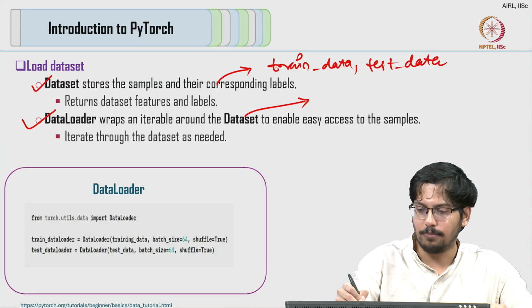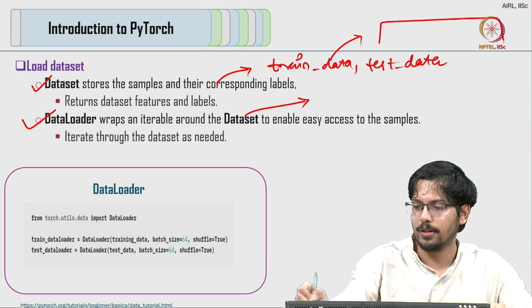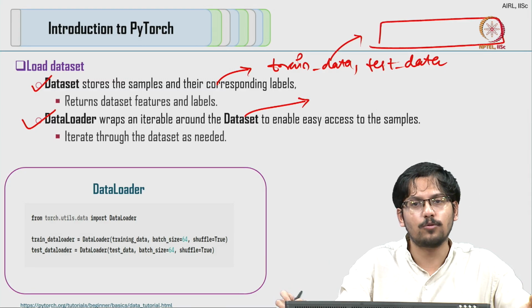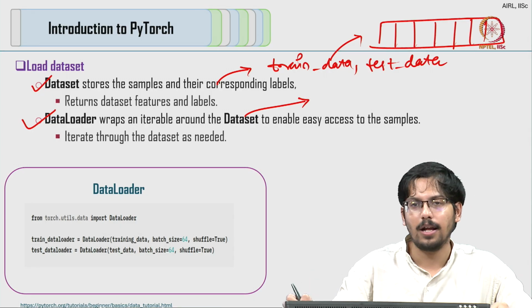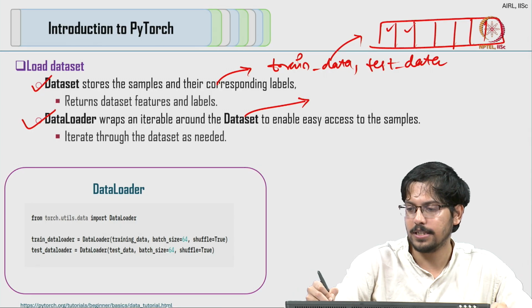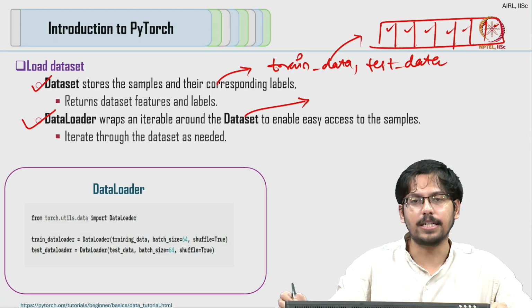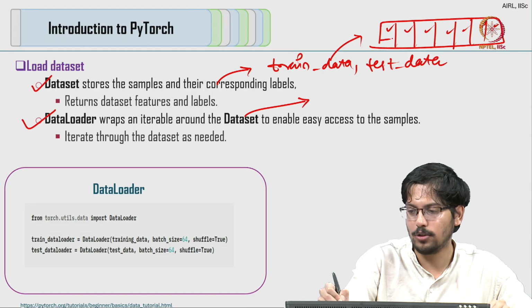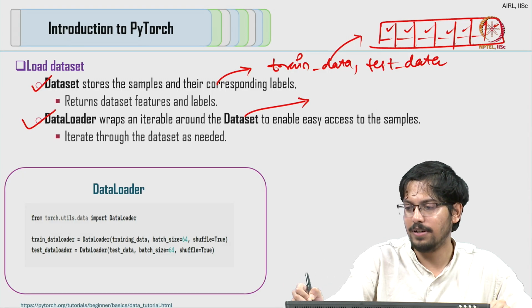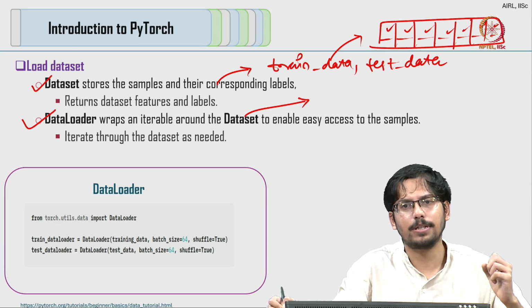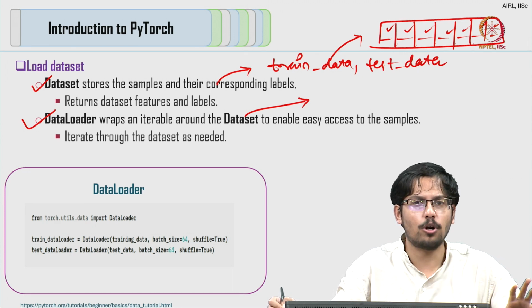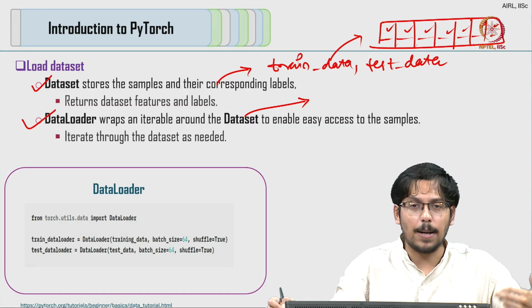For example, if I have train data, the data loader would break this train data into different chunks and use different chunks for each iteration. So, essentially it breaks this data into different components which we define as batch size, and from each batch, take that chunk, give it to the model, train the model, update the weights and so on.